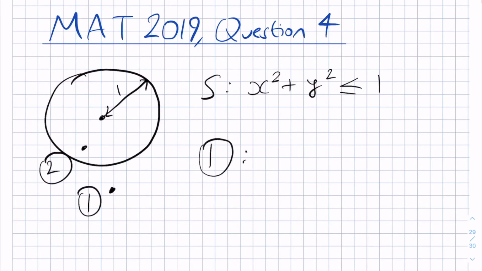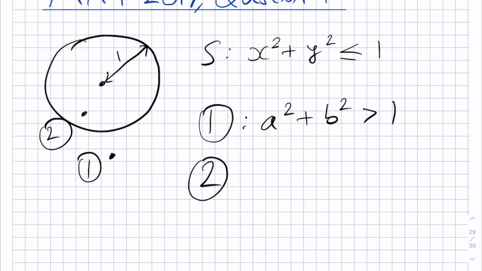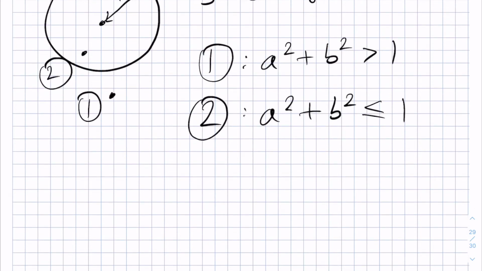Case 1 corresponds to a squared plus b squared being strictly greater than 1, i.e. this point here is outside of the disk here, and then case 2 is a squared plus b squared being less than or equal to 1, where the point here is either inside the disk or on the edge of the disk.